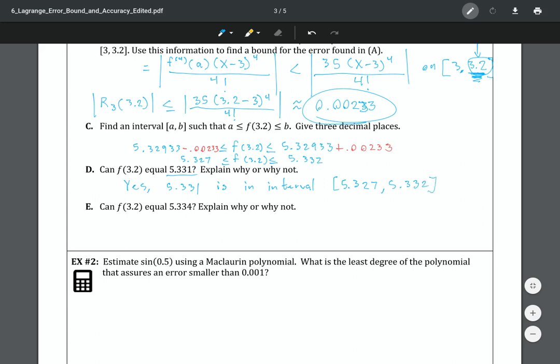And can f of 3.2 be equal to 5.334? Notice that's outside this boundary, right? So it's outside of this. So therefore, no, we can't.